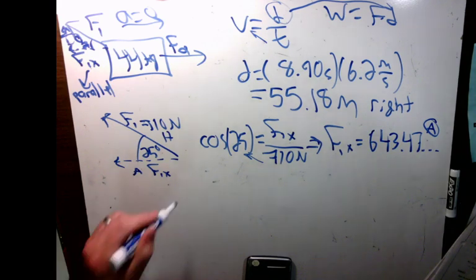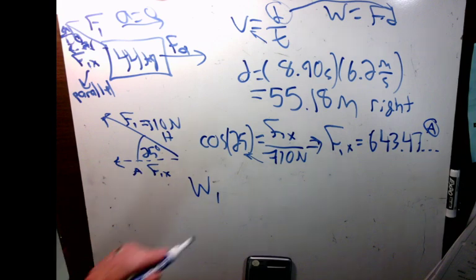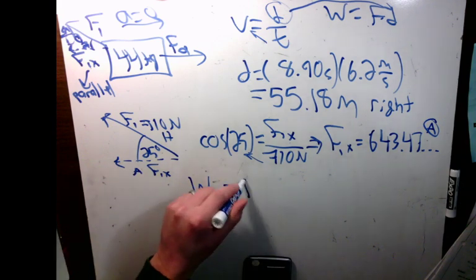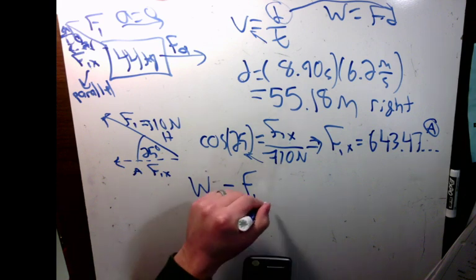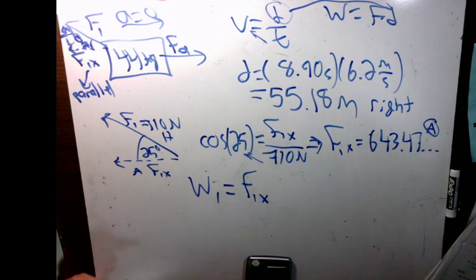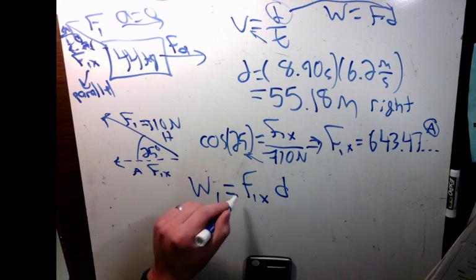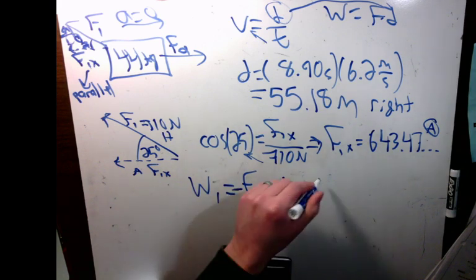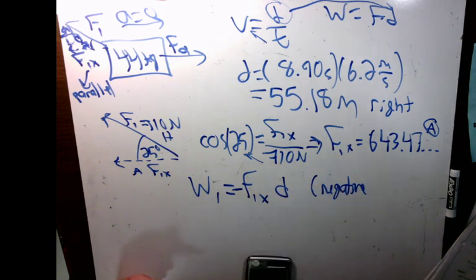Next step, we're trying to find the work done by force 1, call it work 1. It's equal to F1x, our parallel component, times our displacement, and it's going to be negative, since it's opposite displacement.